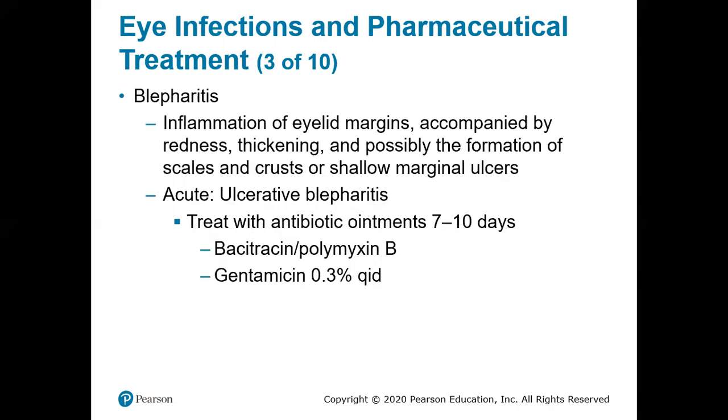Blepharitis is inflammation of the eyelid margins, accompanied by redness, thickening, and possibly the formation of scales and crusts or shallow marginal ulcers. Acute ulcerative blepharitis is treated with antibiotic ointments for 7 to 10 days, such as bacitracin, polymyxin B, and gentamicin 0.3% 4 times a day.